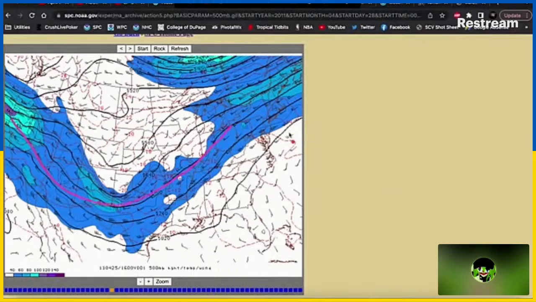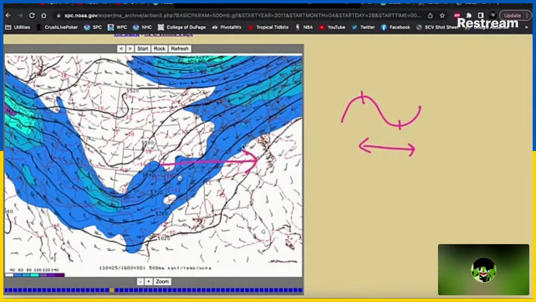A general rule of thumb when determining how quickly a wave pair, a ridge and a trough, is going to move is the distance between the peak of the ridge and the base of the trough. When that distance is significantly less than the size of the U.S., it's going to move pretty quickly off toward the east.